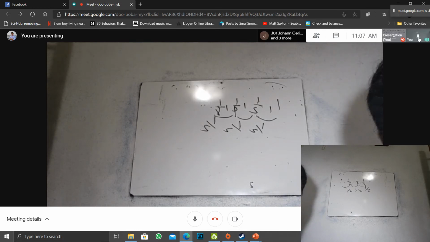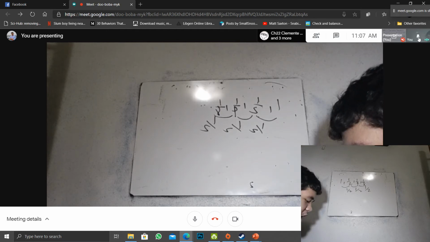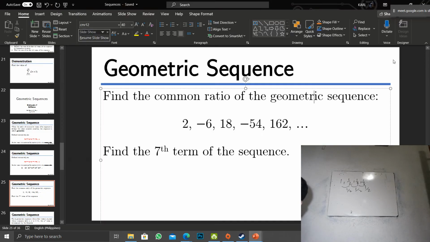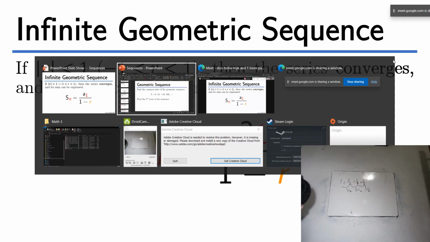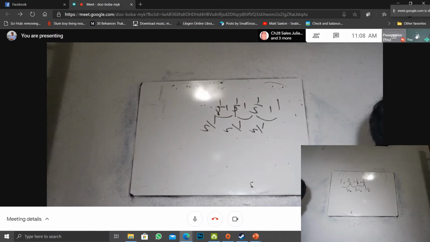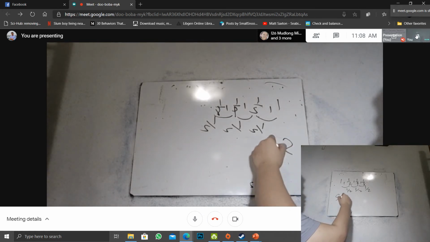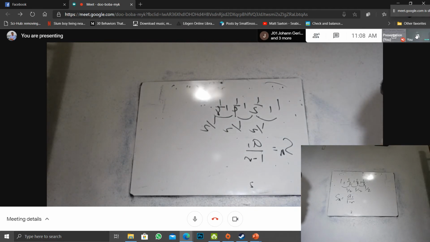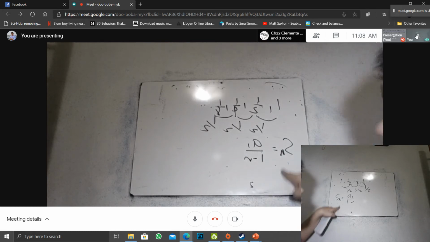And it's defined by this formula. Look at the board. Teka lang, ha? Yan, it's defined by this formula, no? S of n equals a sub 1 over 1 minus r. Yan na siya. Oh, ano yung sum ng terms nito? 1, 1/2, 1/4, 1/8.